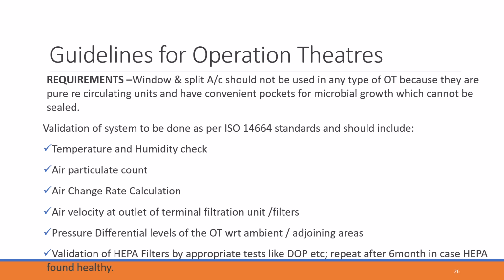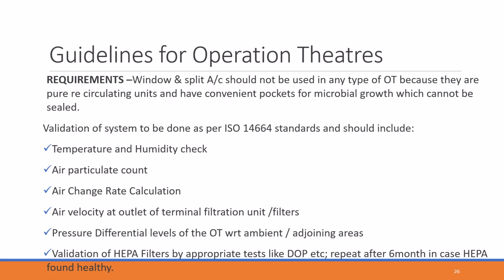Requirement in OT: window and split AC should not be used in any type of OT because they are purely recirculating units and have convenient pockets for microbial growth which cannot be sealed.